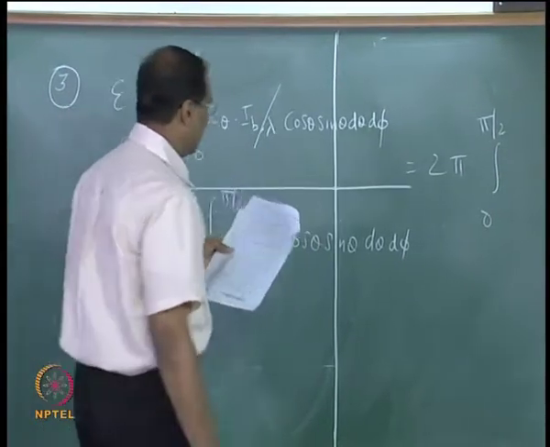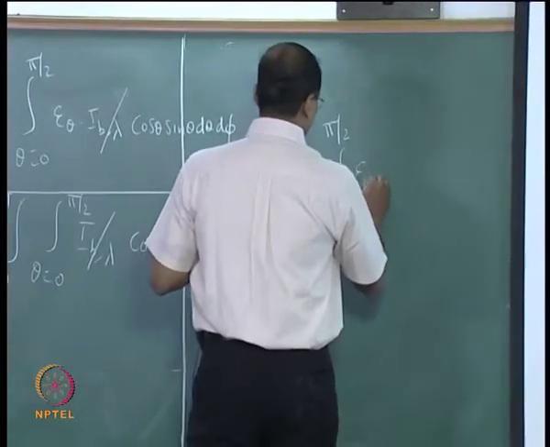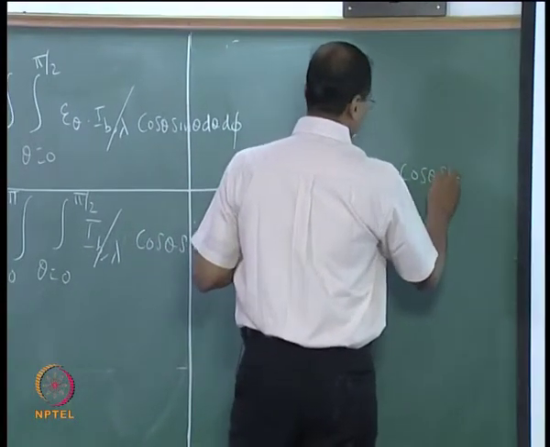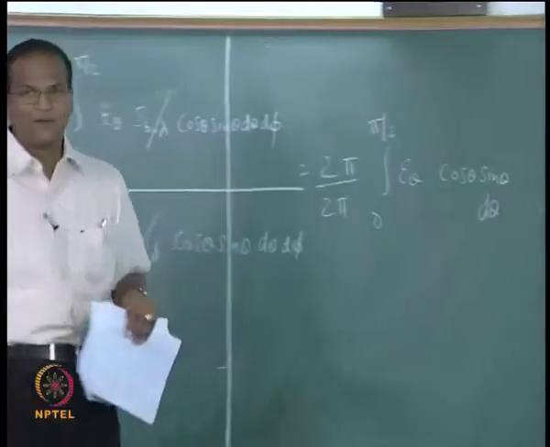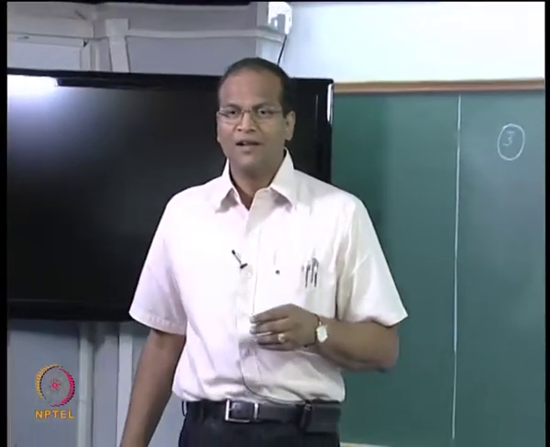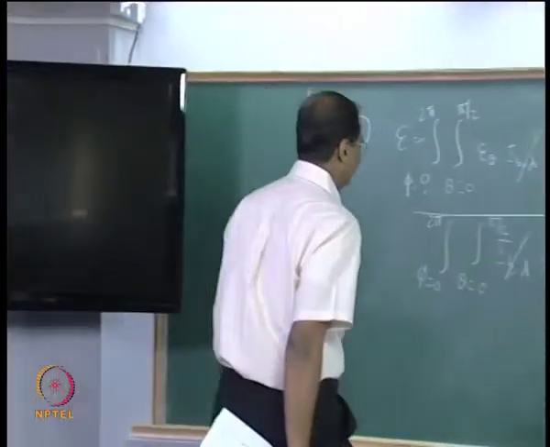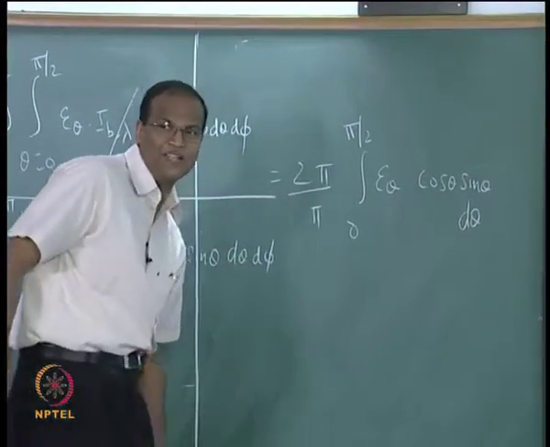You get a 2 pi in both the, I am making a mistake. Ah, there is only one pi in the denominator because it is solid angle, pi radian, pi steradian.